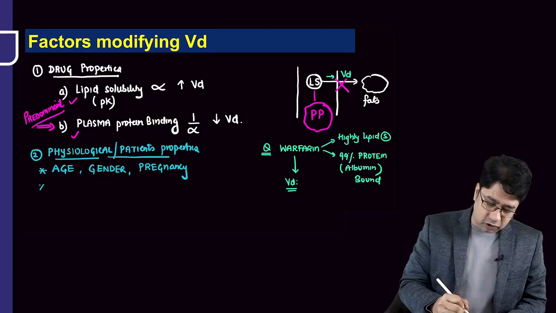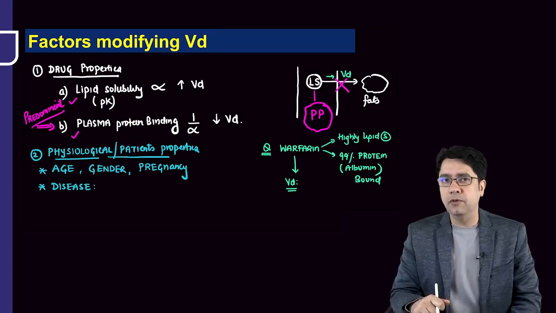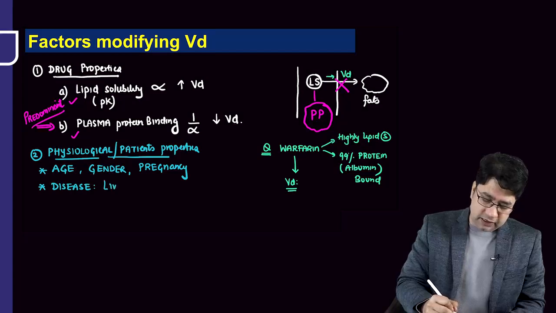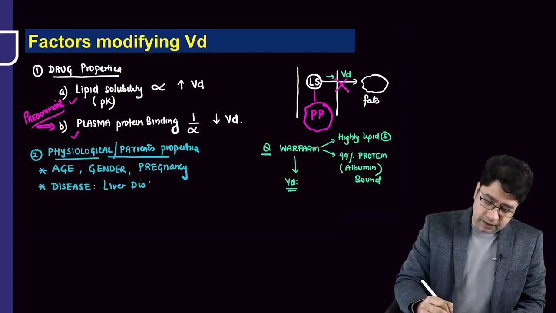Similarly, certain pathological factors like diseases. Can you think which organ makes plasma protein like albumin? Yes, that is the liver. So in case of liver disease, what will happen? There will be a decrease in plasma protein synthesis, that is albumin synthesis.